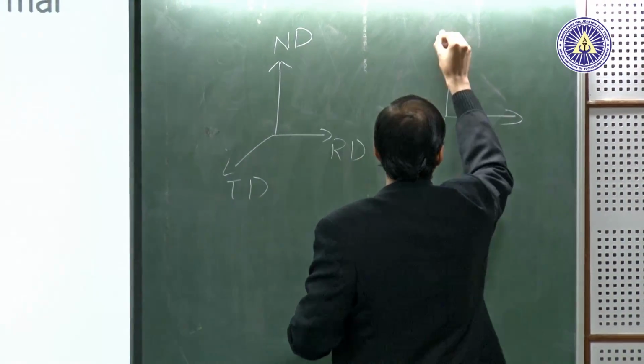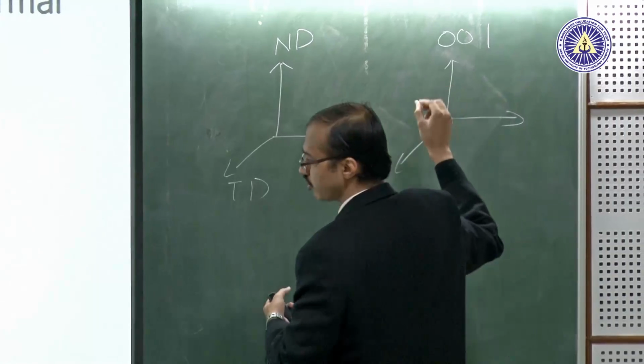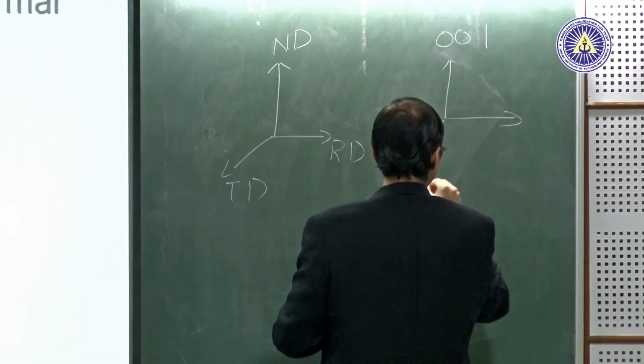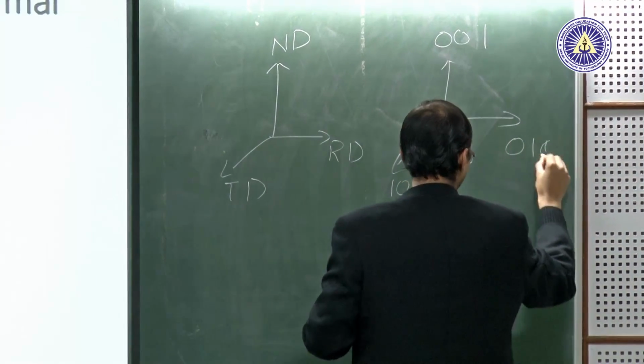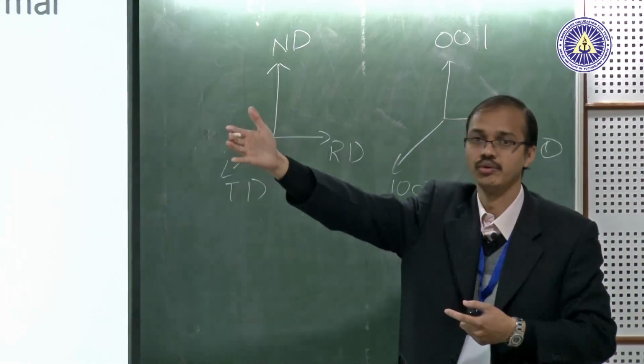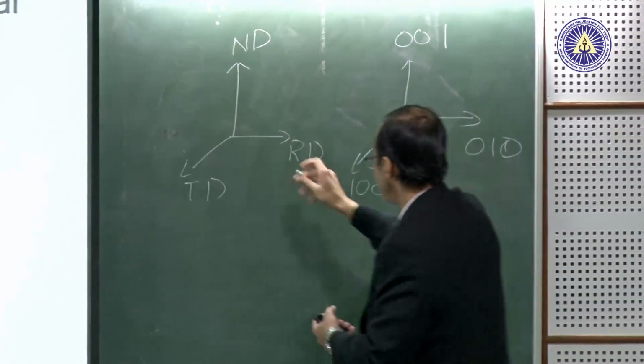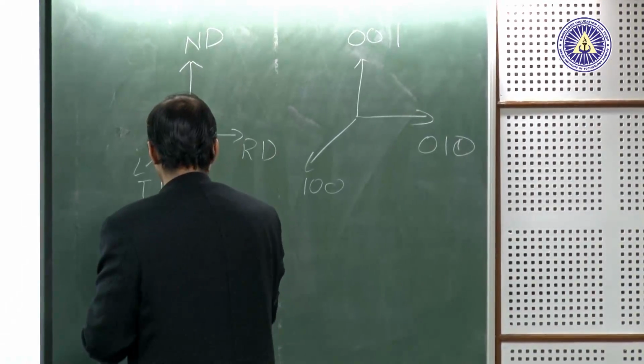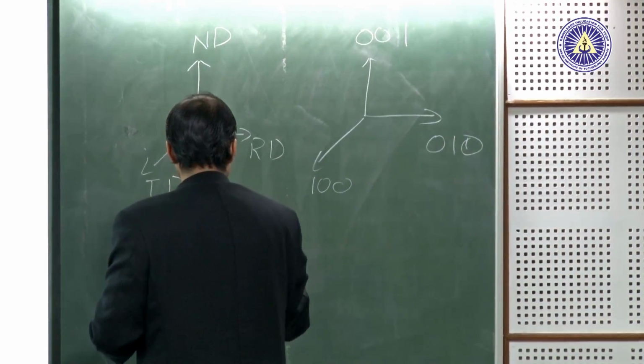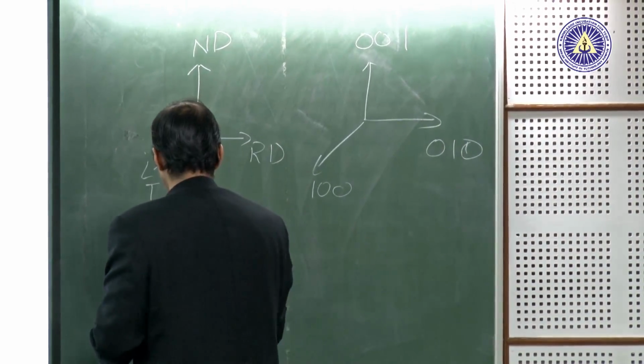Right hand thumb rule. If I want to call it 0 0 1, I think I have made a mistake. No, I haven't made a mistake. Good. 1 0 0 and 0 1 0. So I take the cross product, right hand thumb rule. 1 0 0 cross 0 1 0 gives me 0 0 1. Right. So this is my sample frame of reference.